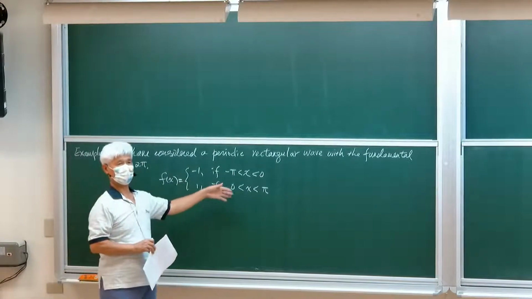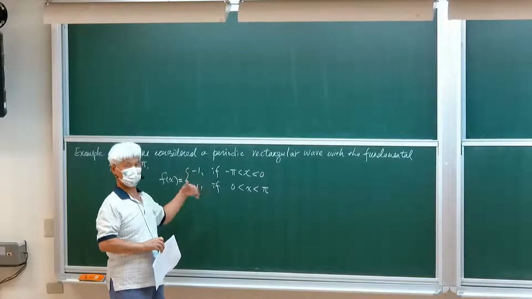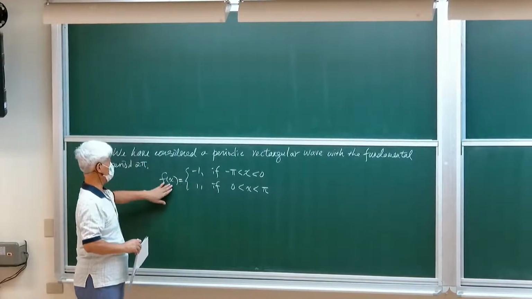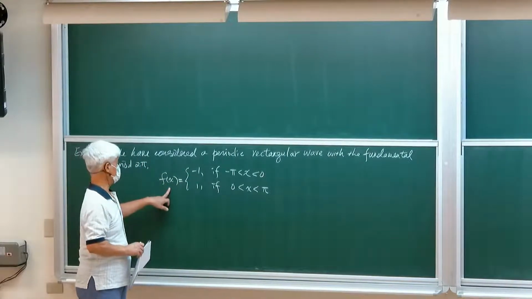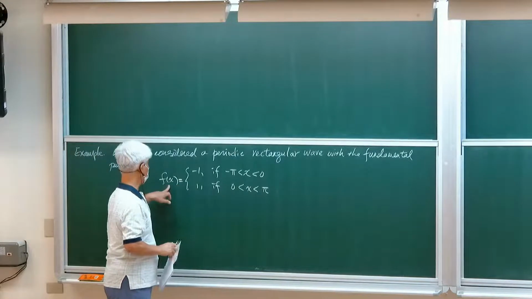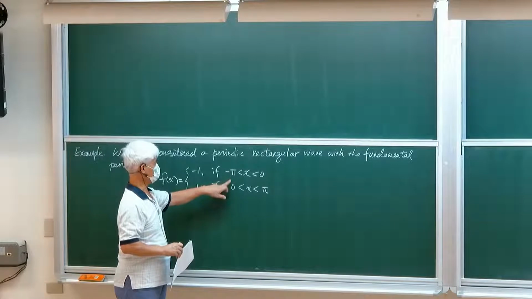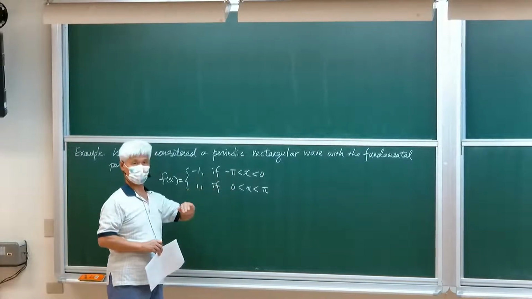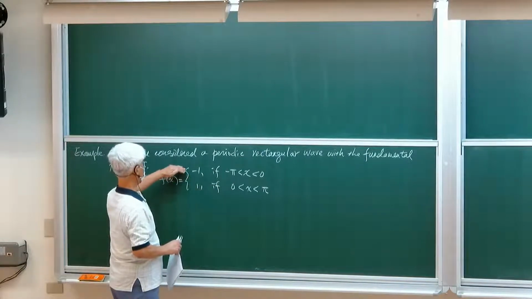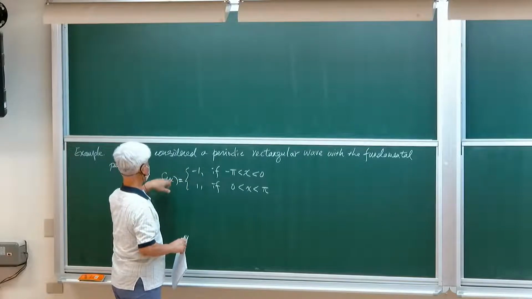You can assign a value to f of x when x equals minus pi and 0, while still keeping f a periodic function.